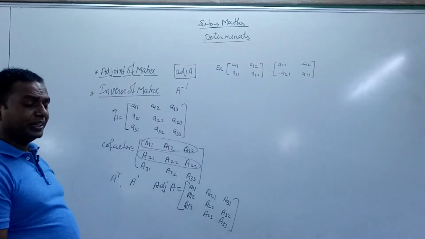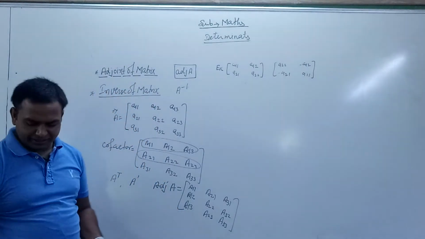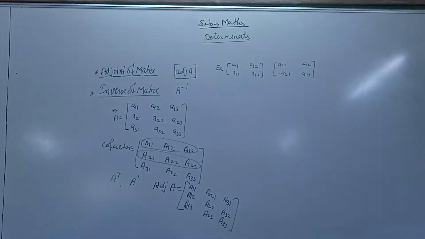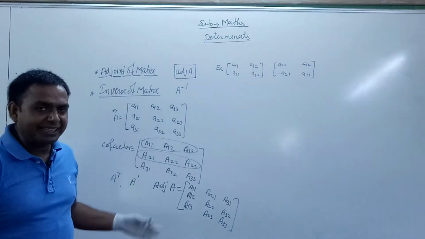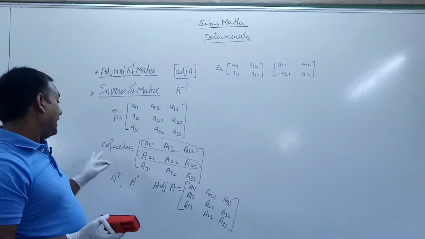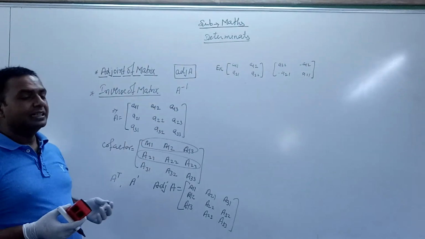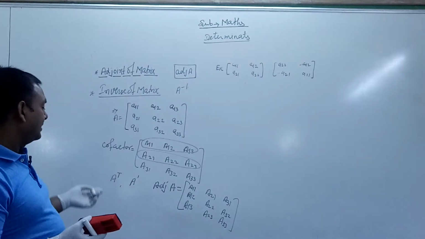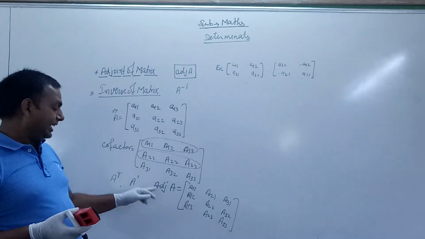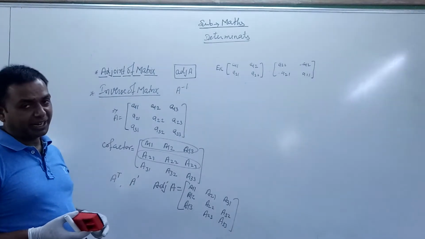I think all of you understand how we find the transpose, and the transpose of the cofactor matrix is the adjoint of the matrix. So you understand the adjoint of any 3 by 3 matrix.